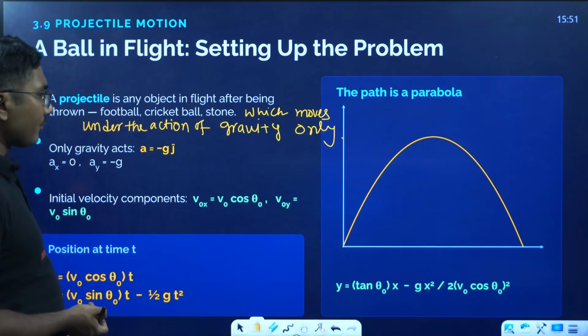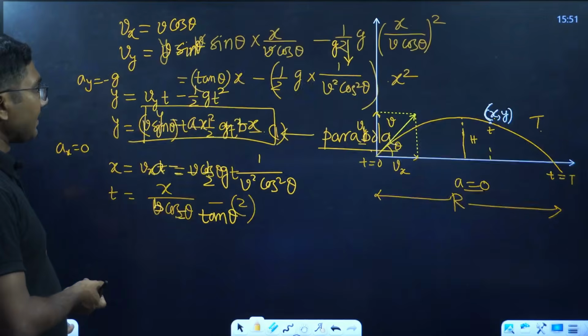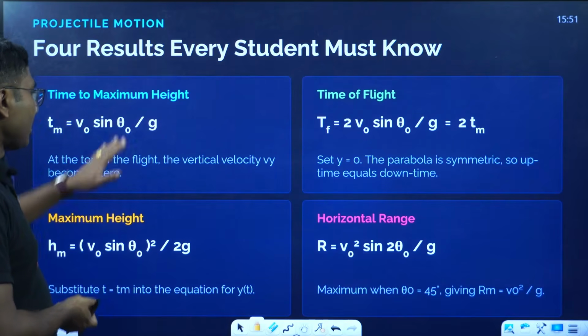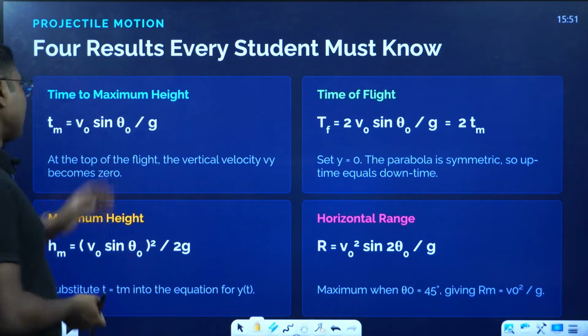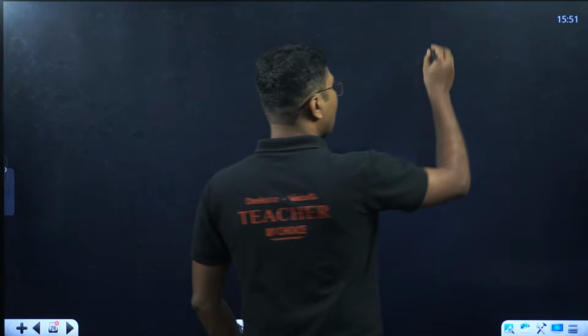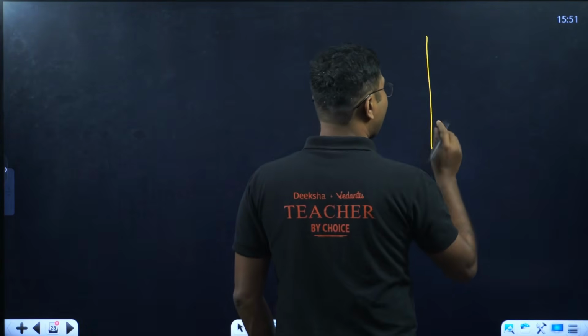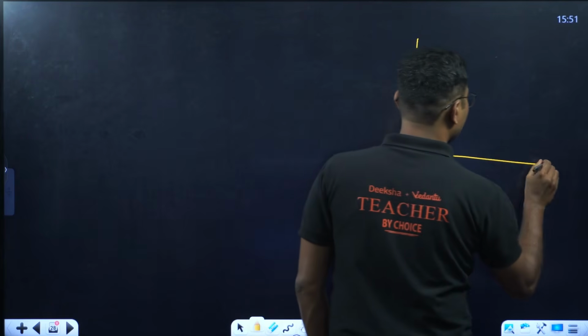Okay, so this is the step. Now we have to find a few more things: time of flight, maximum height, and horizontal range. These are the things that we need to find one by one. Okay, again we will go back to our equation, and now I am drawing this by hand because using the tools can take a little longer time.